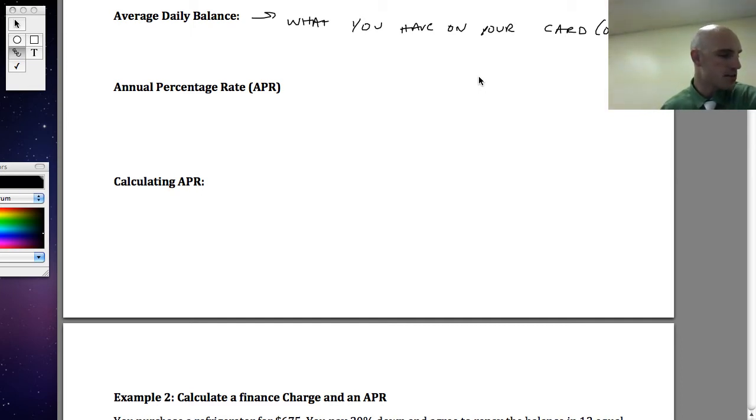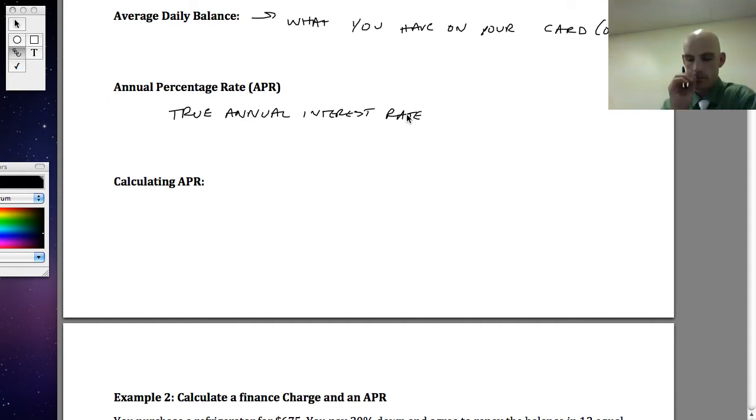Your annual percentage rate is your true annual interest rate, exactly what you are being charged in a percent. And so this is the unpaid portion, what they're charging you for it.